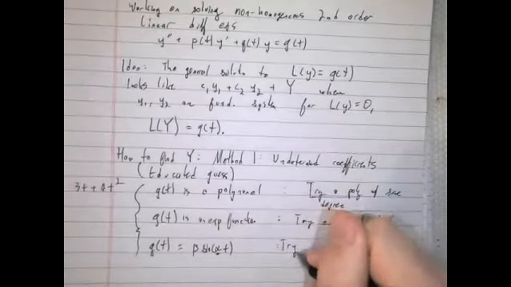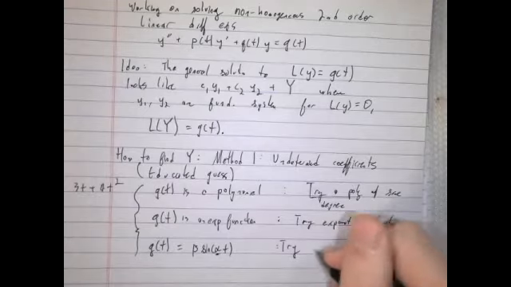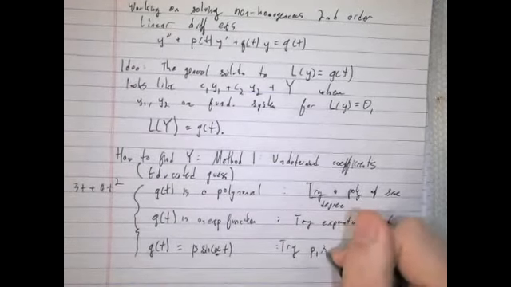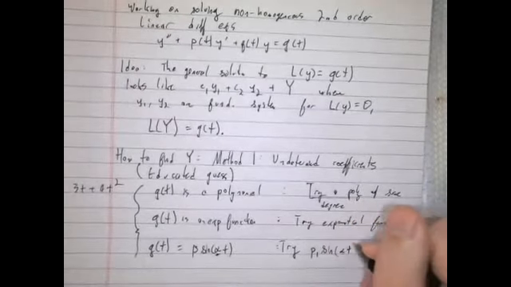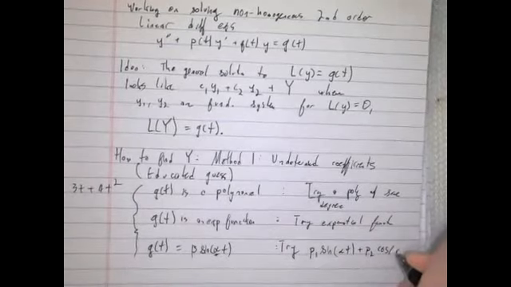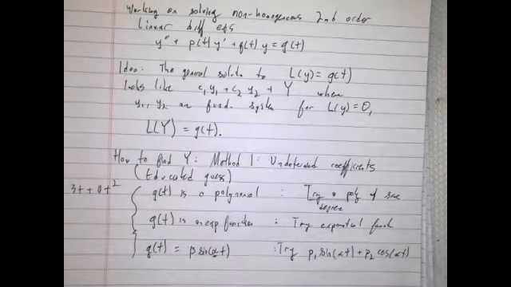So try p1 sin(αt) + p2 cos(αt), where p1 and p2 are variables that I have to solve for. Okay?